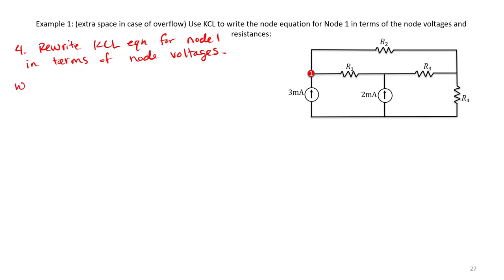So remember we had something like this, right? We had I1 and I2. So we had plus 0.003 amps minus I1 minus I2 equals 0. And we had labeled our voltages as shown.